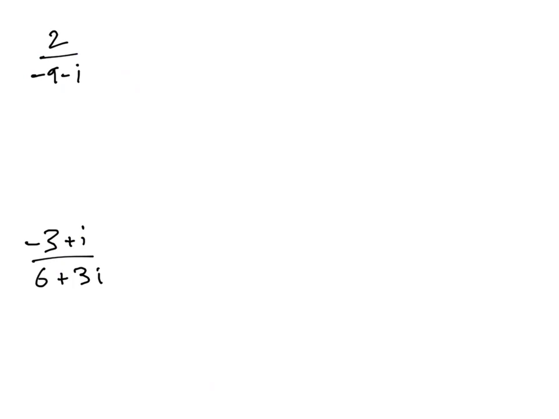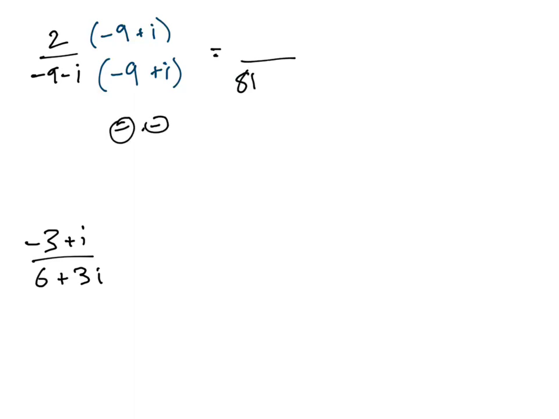Here are 2 more examples for us to try out. We'll start by multiplying by the complex conjugate in the numerator and denominator. In our denominator, negative 9 times negative 9 is positive 81. Remember that a negative times a negative equals a positive.